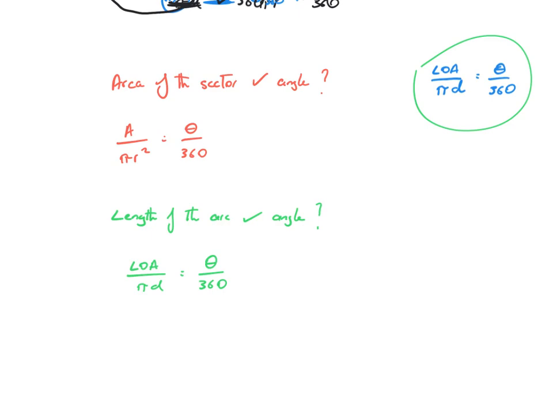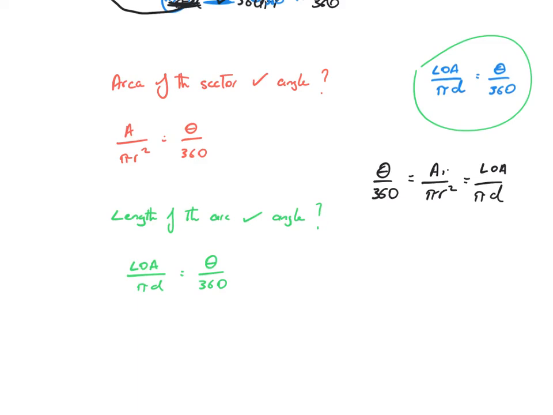Now what I can do then is put all of those bits of information into one equation, which is that theta over 360 is equal to area over pi r squared, and it's also equal to length of arc over pi d. So at that point I just simply take the information that I need.